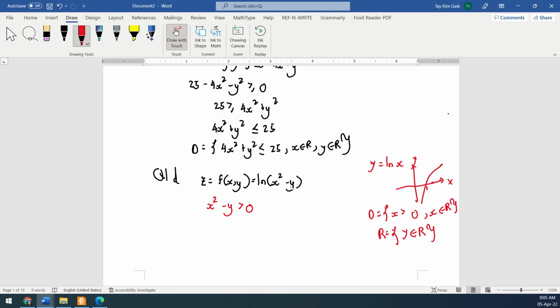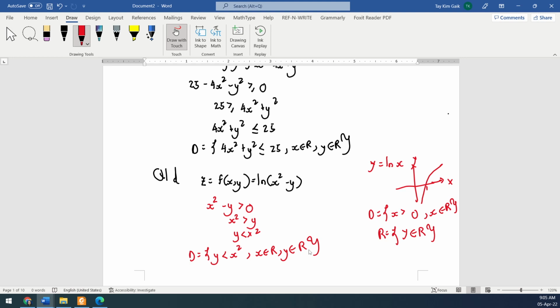That's why for an ln function, you have to set the argument greater than 0. That's why you have x squared greater than y, or y less than x squared. So this will be the domain: y less than x squared, where x is a member of real number, y is a member of real number.